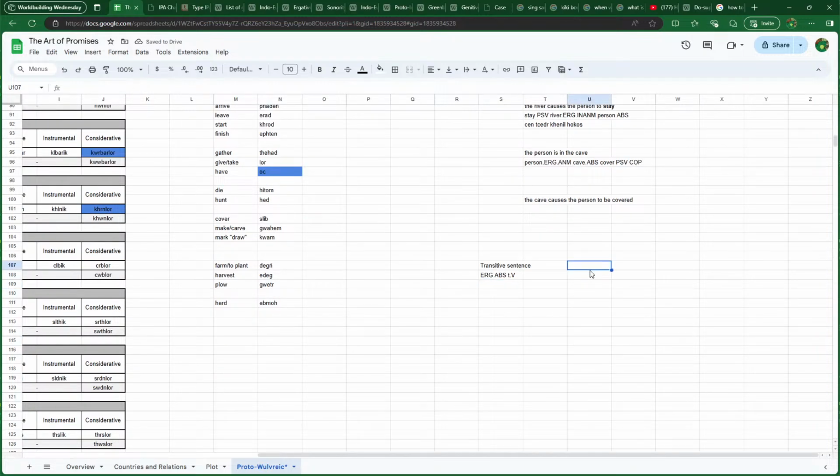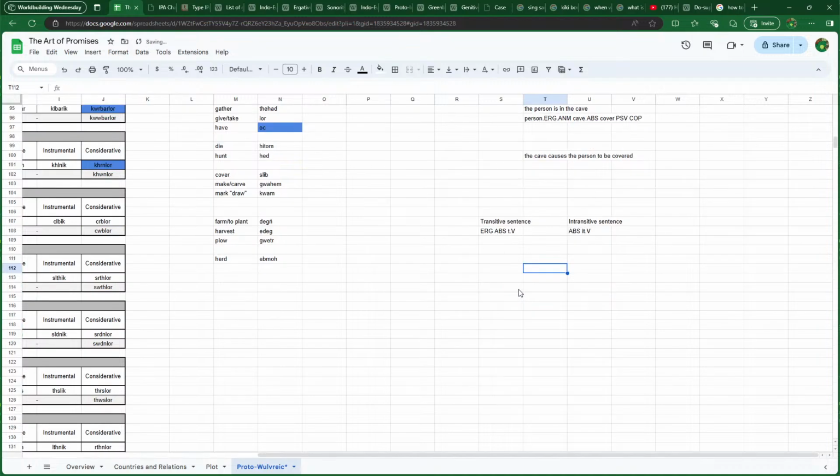An intransitive sentence looks something like this. The absolutive subject and the intransitive verb. But we can have a third construction. This is what is known as, we can have a passive voice.